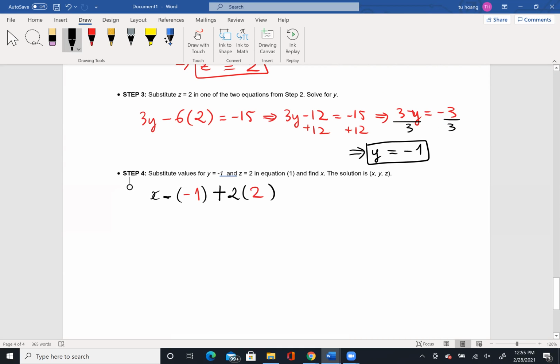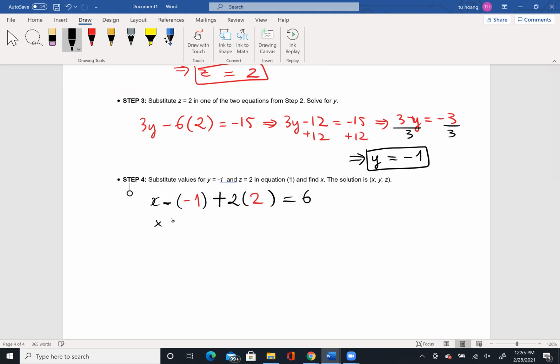And then equal to 6. So combine and simplify. I have x plus 1 plus 4 equal to 6. And you can minus 1 and minus 4 both sides. And lastly, you will get x equal to 1 as the answer.